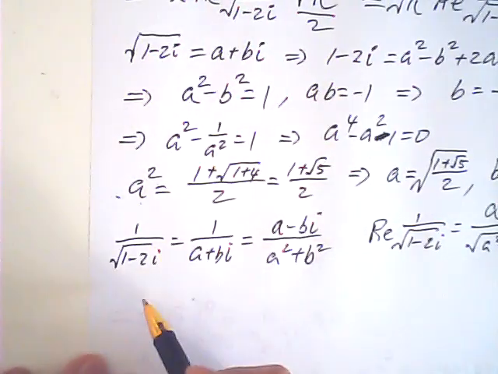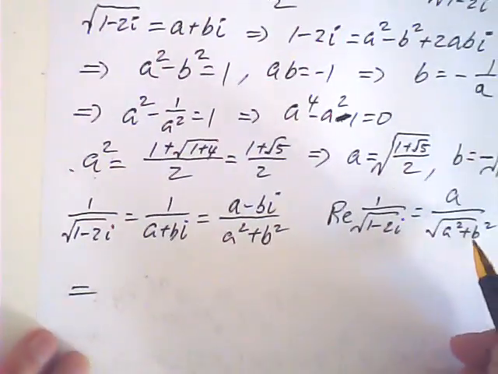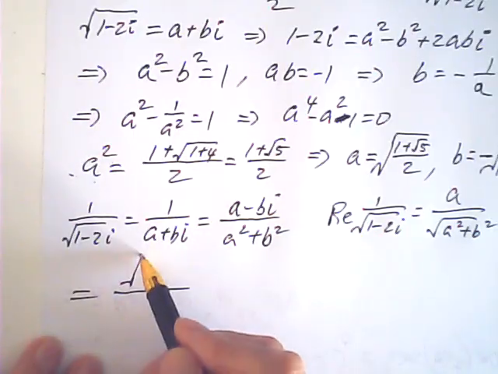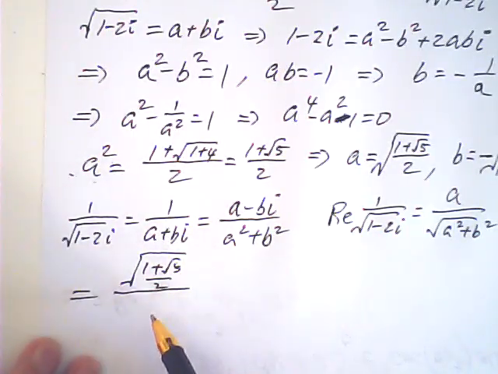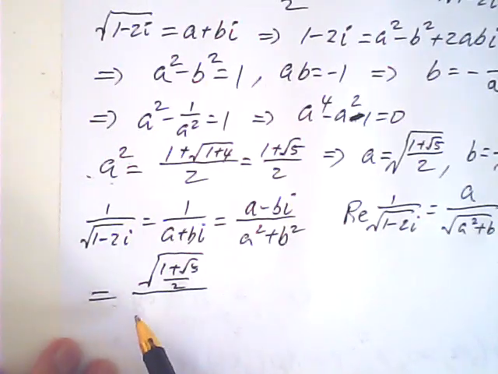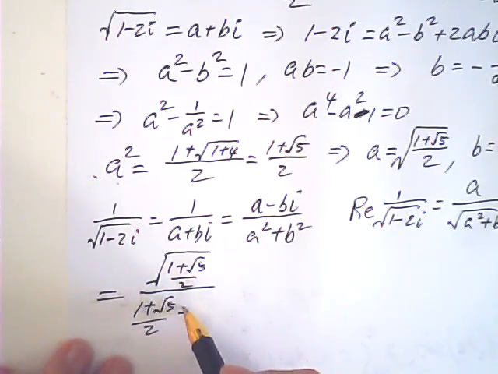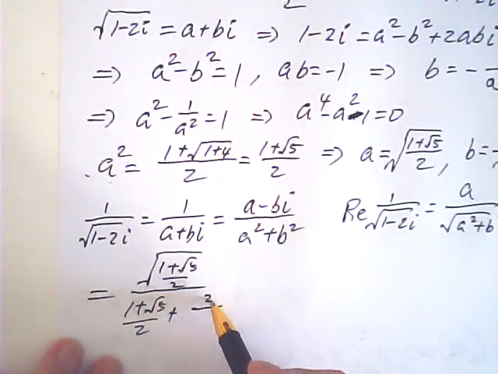So, continuing from there, this is equal to the square root of (1 plus root 5) over 2. And a squared is this: a squared is (1 plus root 5) over 2, plus b squared. b squared is this.